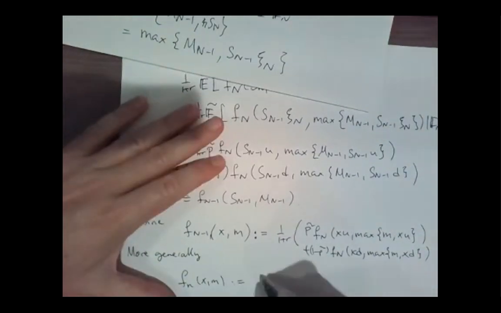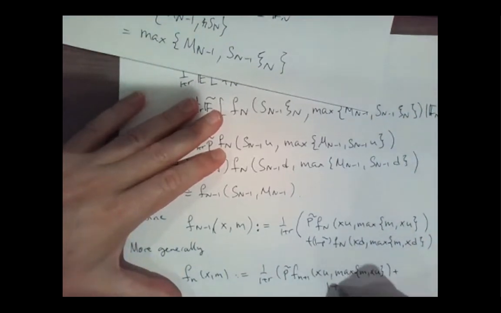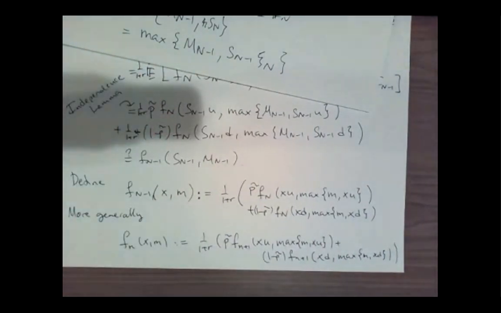This will be 1 over 1 plus r, and then just replace Fn here with Fn plus 1, one step later. And then the max.